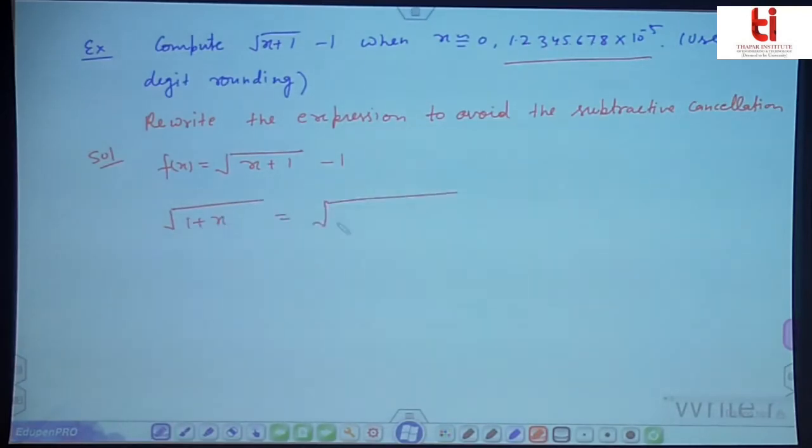It is coming out to be 1.0000123, I have done some mistake, let me check. 1 plus 0.00001, 2, 3, 4, 5, 6, 7, 8. So it is coming out to be 1.0000123.